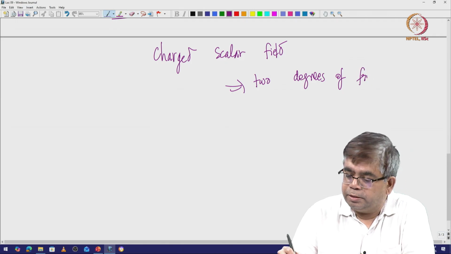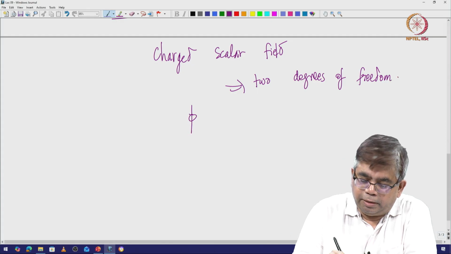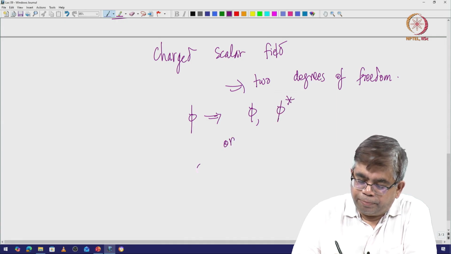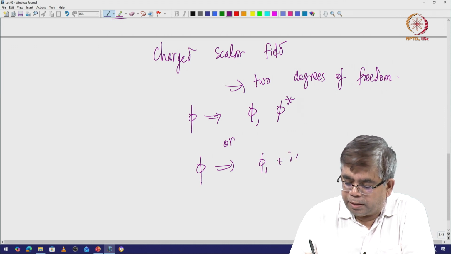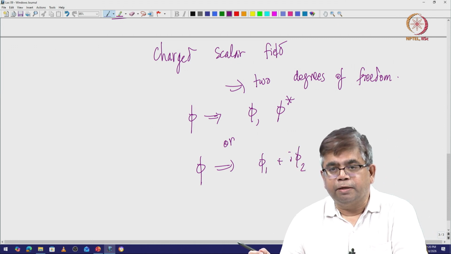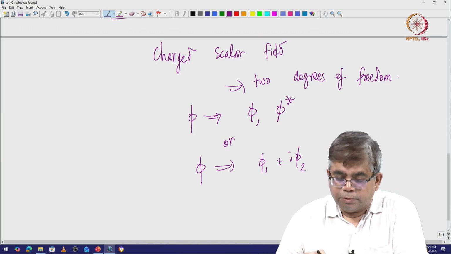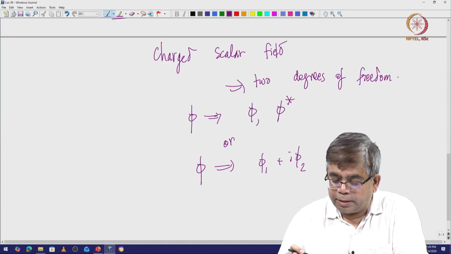So that means you can quantize it either in terms of phi and phi star, or phi goes to phi 1 plus i phi 2, 2 real scalar fields. You treat them either as 2 real scalar fields, or treat phi and phi star as independent variables or independent degrees of freedom.